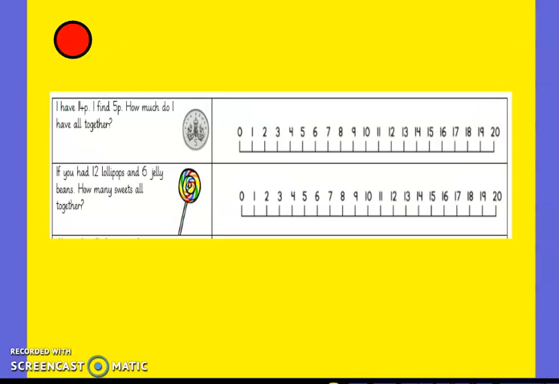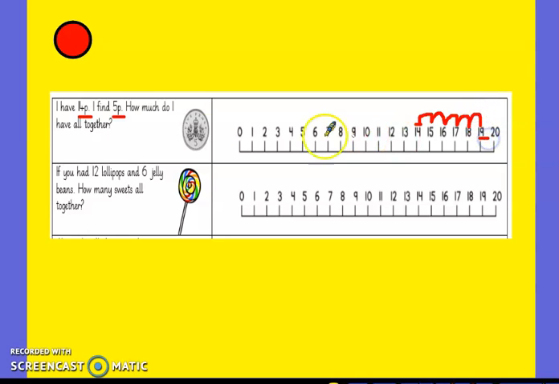Red group, you've got some word problems, similar to what we've just been doing in the lesson. So it says you need to read it carefully. I have 14p, I find 5p. How much do I have altogether? So we're starting on 14 and we're doing 5 jumps. 1, 2, 3, 4, 5.